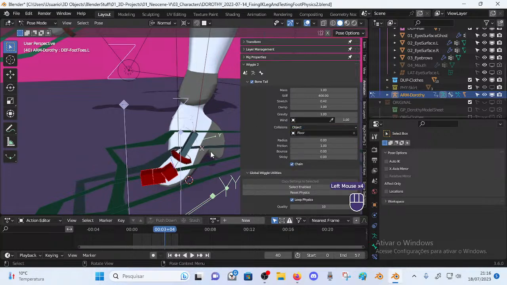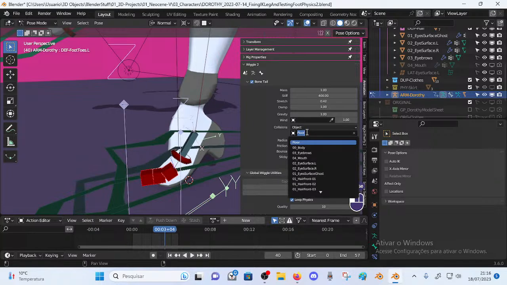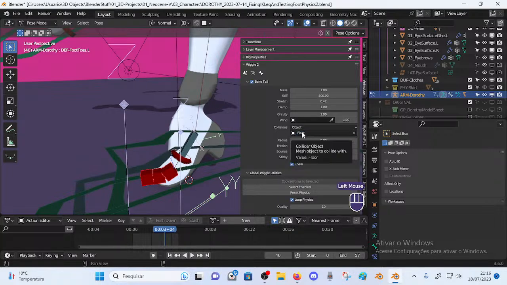So if you have many floors in the scene, or different scenes, we might have to put all those objects that we want collisions with into a collision collection for the foot rig of this character. So yeah, we can do this.